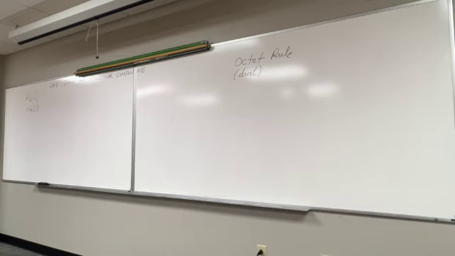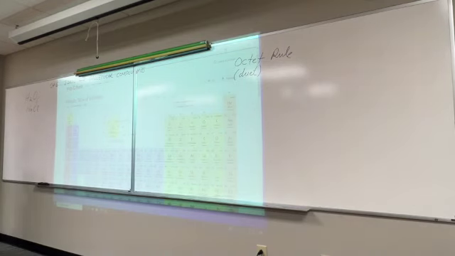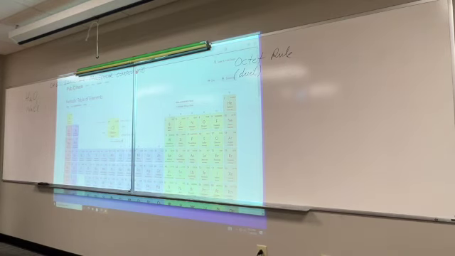So let's take a look at the periodic table again and see if we can predict some sort of a pattern to help us with the location, to help us with the loss or gain of electrons. And then there's something super important that we also learned in chapter 5, that when an element either gives away or picks up electrons, they're no longer neutral. They're going to carry an electrical charge. They're going to be ions.